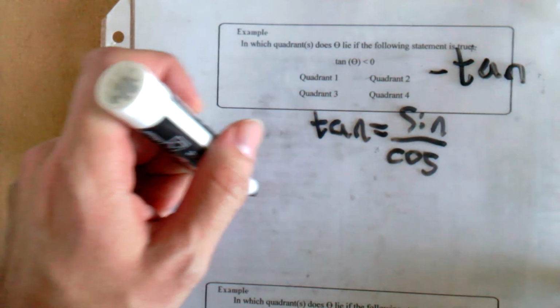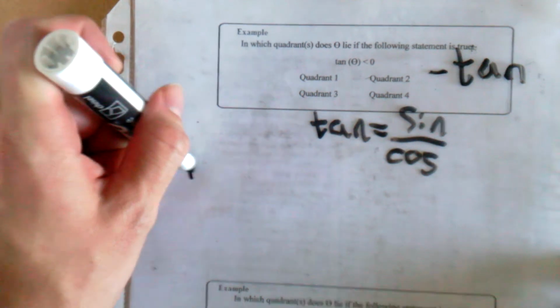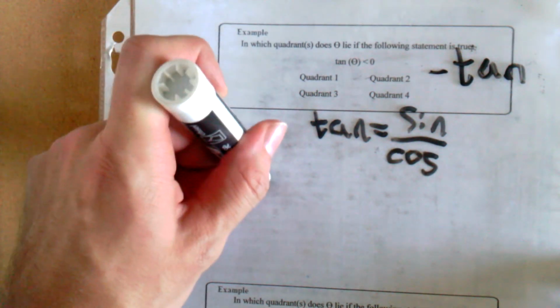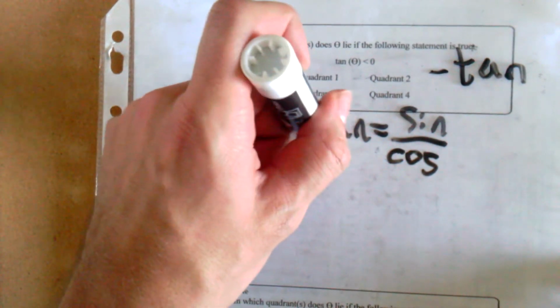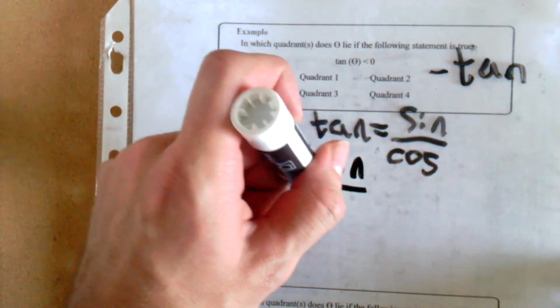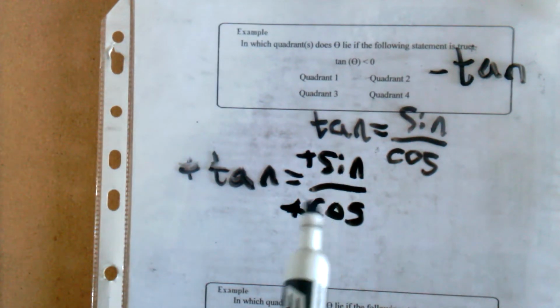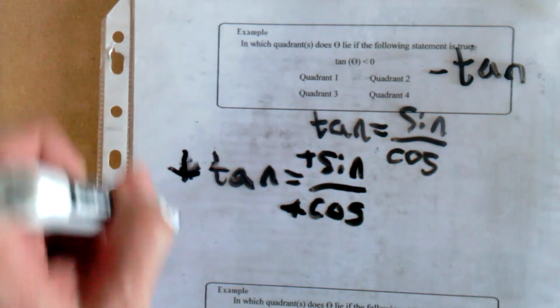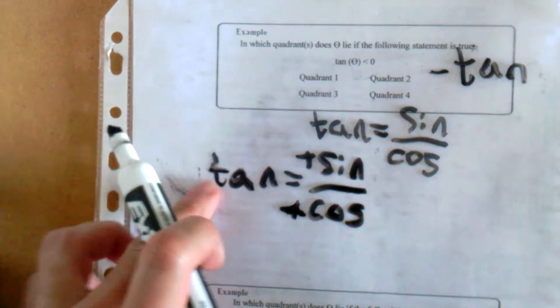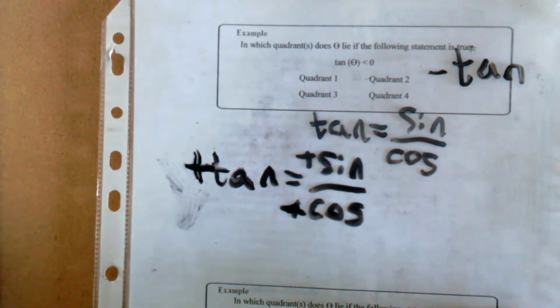Let's look at the positive cases first. So tangent can be positive if sine is positive and cosine is positive. Because when you divide a positive number by a positive number, you get a positive number.